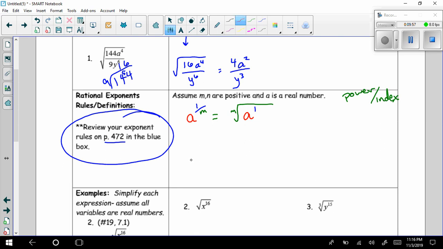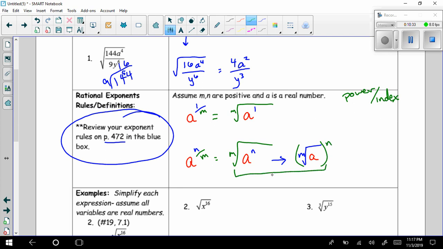Okay, so looking at another one, if we have a to the n over m, then we would have the mth root of a to the n. The second one can also be written as the mth root of a, to the nth power.